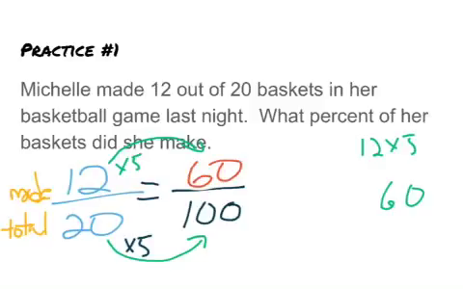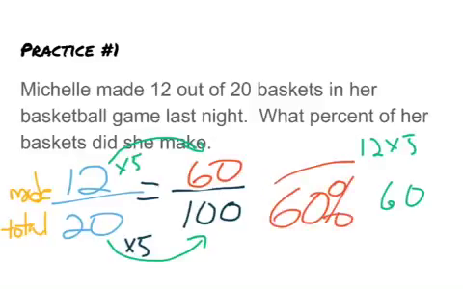So 60 out of 100 says the same thing as 12 out of 20. Well, if you have a fraction of 60 out of 100, then that is a percent, and it is 60%. So we could say, knowing that Michelle made 12 out of 20 baskets, we know that she made 60%.